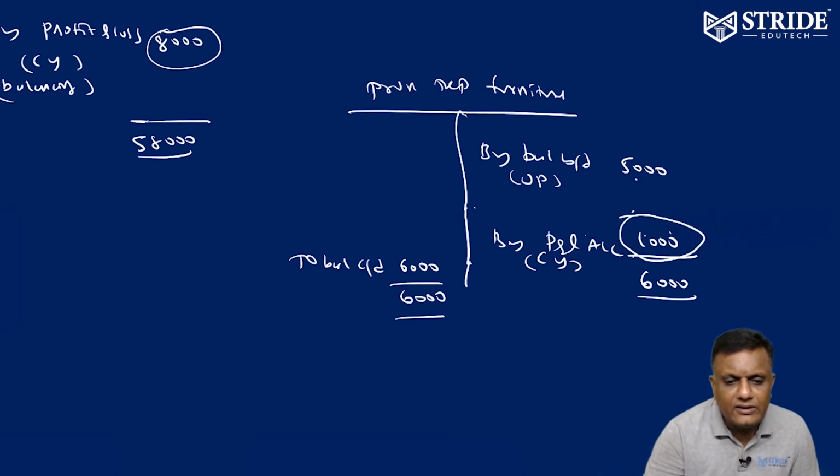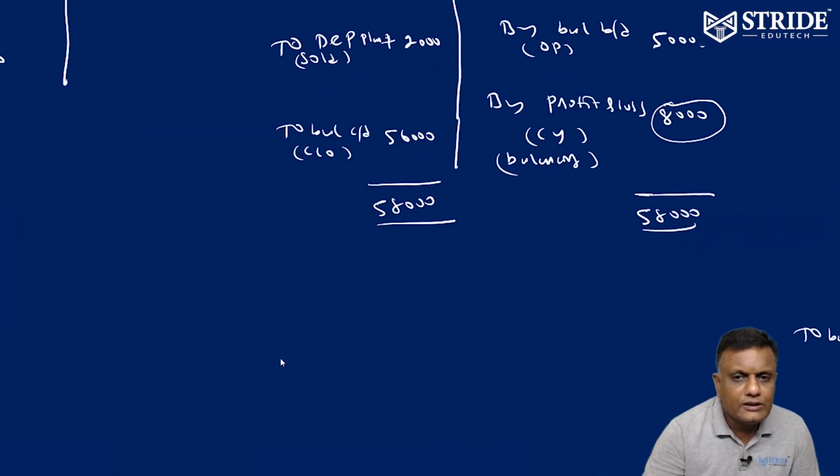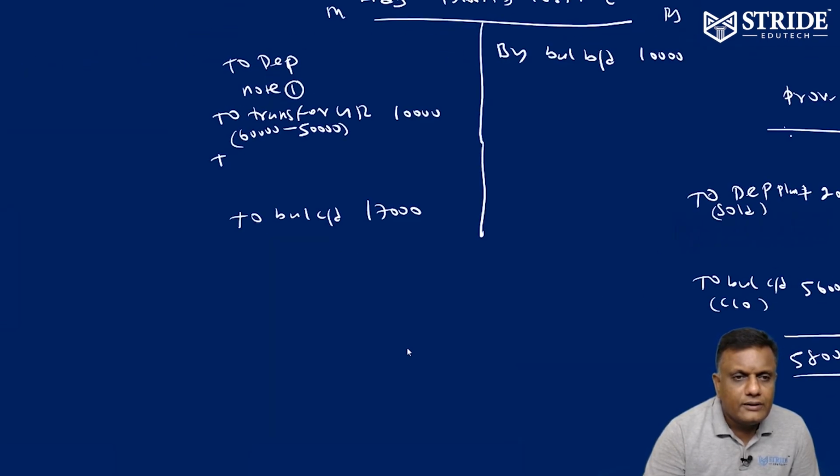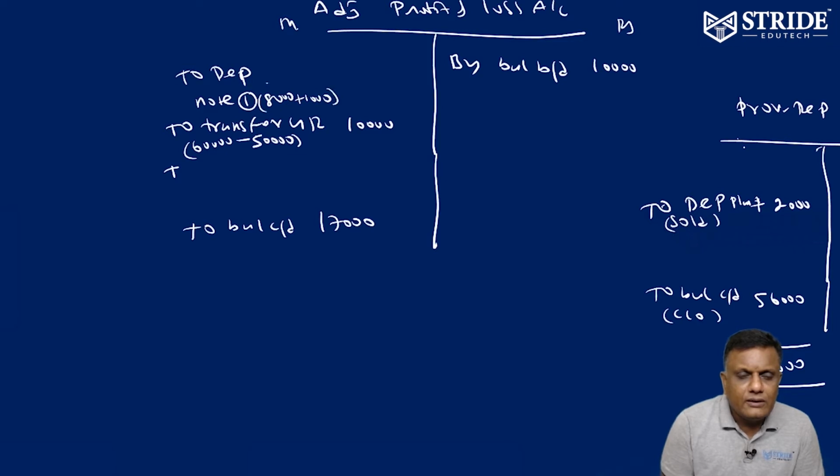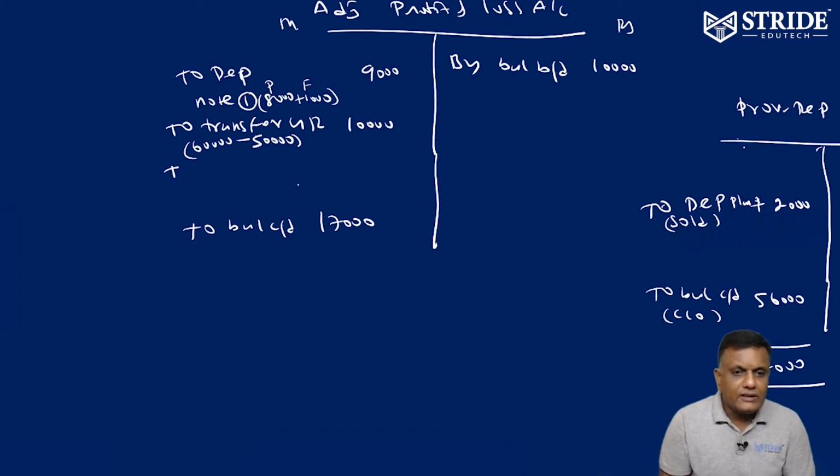So total depreciation 9,000, right. Come back here, depreciation note 1. So that is 8,000 for plant, 1,000 for furniture. So total depreciation 9,000, right.